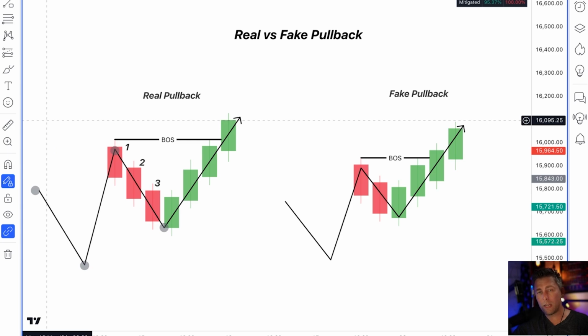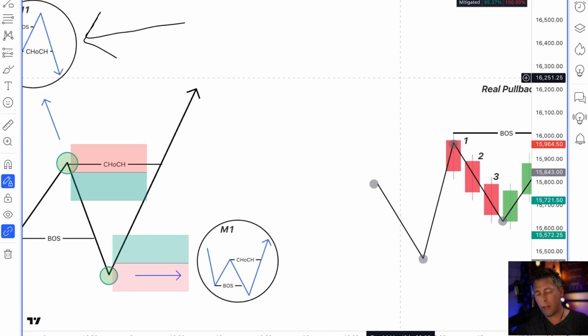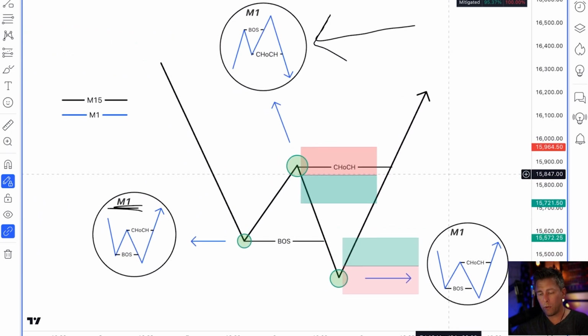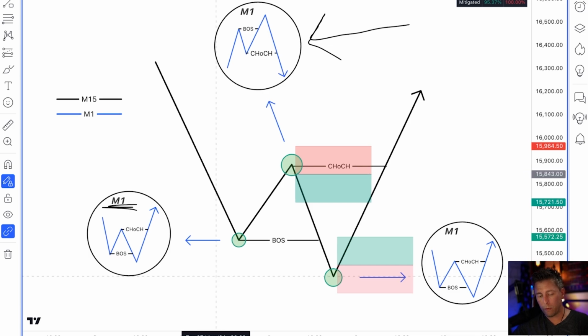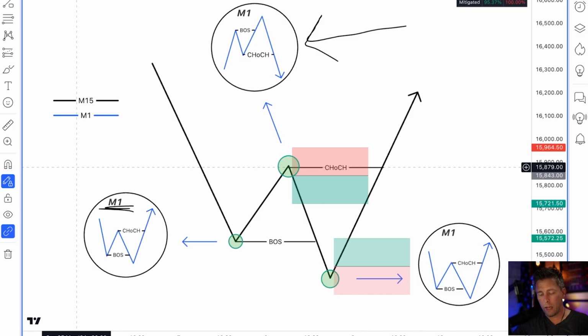You still want to see 3 candles to give you a valid pullback in any one direction, so you're not getting faked out. You also have your larger time frame, which you've identified as an up or down trend. And so when the market pulls back and starts reversing at some key levels, let's say a liquidity level, then you're going to identify this pattern on a low time frame.